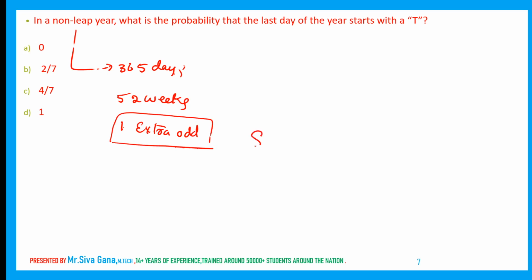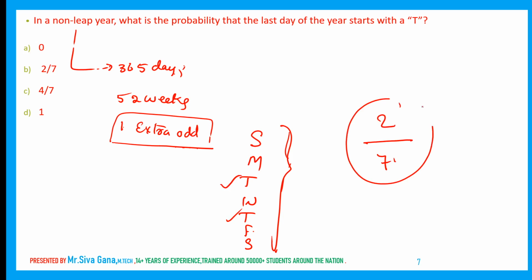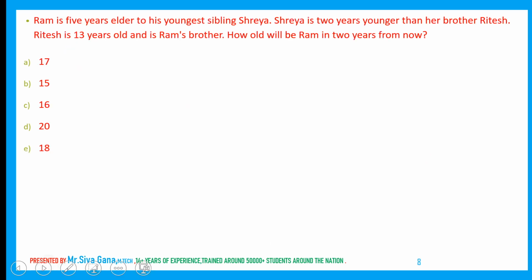This extra day can be Sunday, Monday, Tuesday, Wednesday, Thursday, Friday, or Saturday. So there are 7 chances. In that, the last day of the year starts with T: 1, 2. Favorable cases are 2, so 2 by 7. Total cases are 7, favorable cases are 2. Favorable by total is the probability.